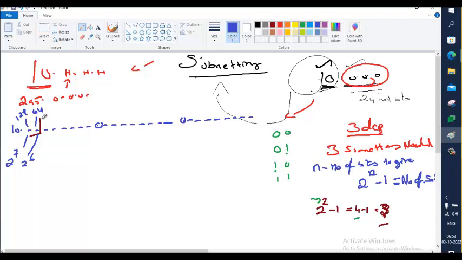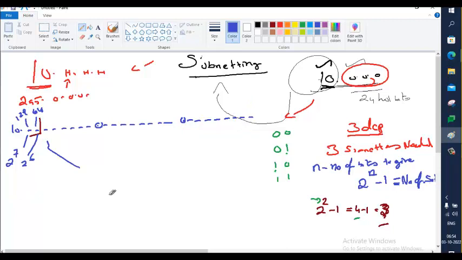Now we have taken 2 bits from this octet, and these are the 2 bits we have given for networking. For networking, you always have to take from the left-hand side, not from here, only from here, left to right. That's how the network should grow.